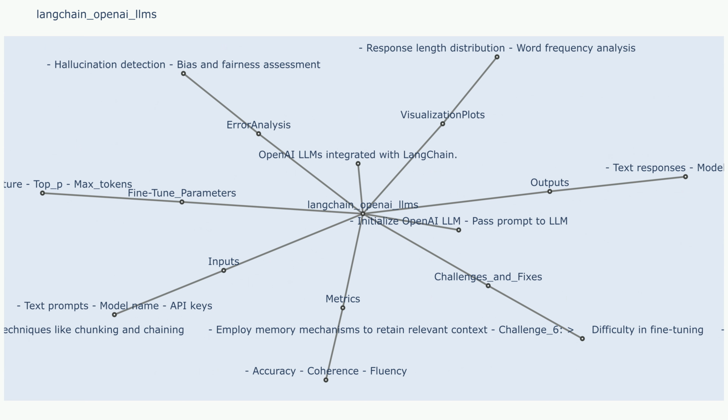Challenges and fixes. Challenge 1: bias in generated responses. LLMs can exhibit biases based on the data they were trained on. Sample use case that resulted in challenge 1: a prompt asking for descriptions of different professions, consistently generating gender stereotypical descriptions. Fixes to challenge 1.